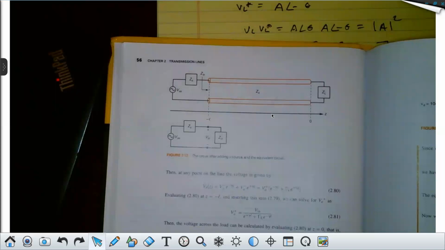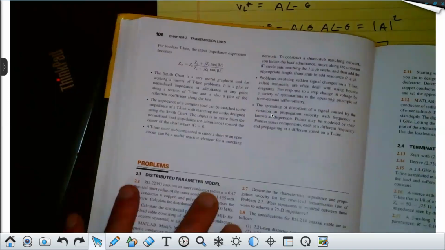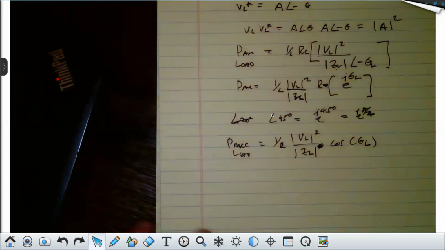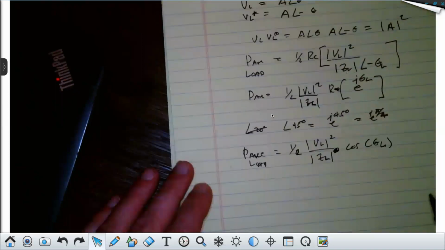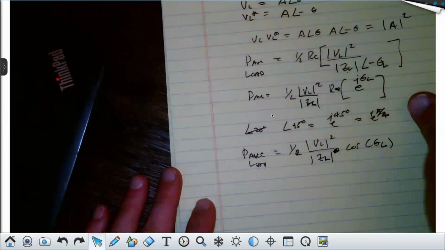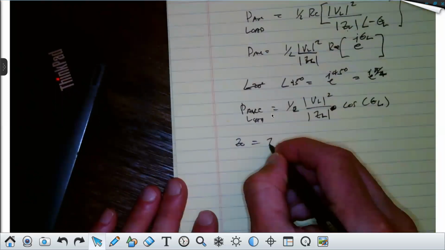So when I come over to problem 2.23 in the book, and you can look at it on your own, it says, referring to figure 2.13, consider a lossless 75 ohm line. So I'm going to do this problem. First thing I have is Z naught is equal to 75 ohms.